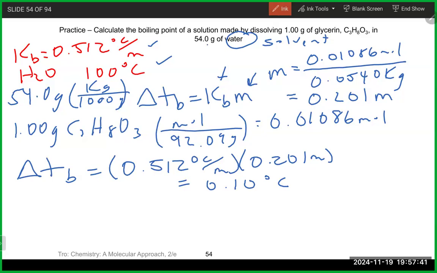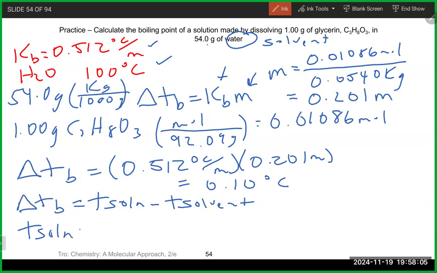What we just calculated is the change in boiling point temperature. It is not the actual boiling point temperature of the solution. So this is where that relationship comes in: the change in the boiling point temperature will be the temperature of the solution minus the temperature of the solvent where it normally boils. That would give us that the temperature of the solution here would be the change in boiling point temperature plus the temperature of the solvent.